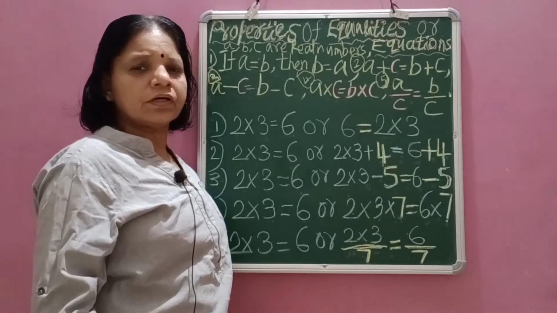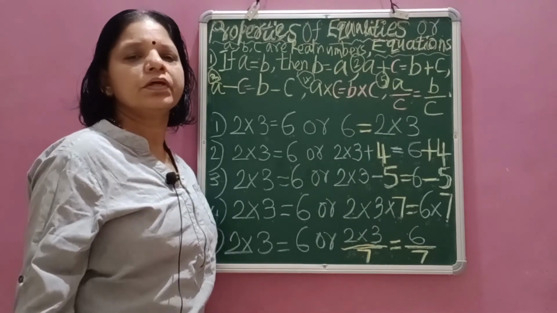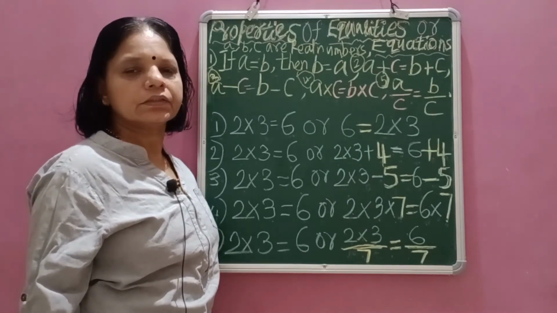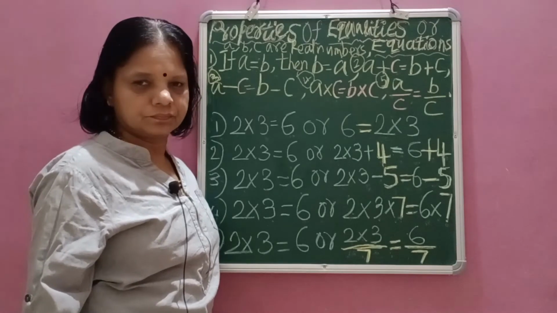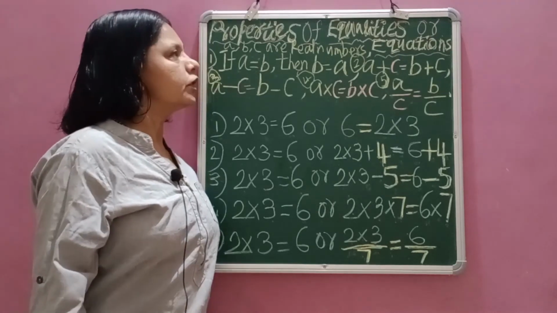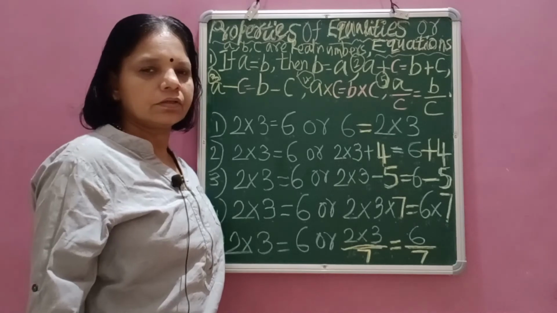Whatever changes we are doing in LHS, the same change you have to do in RHS. Then the value of the equation is unchanged, and both the expressions become equal. Clear? So that is all about the properties of equalities or equations.